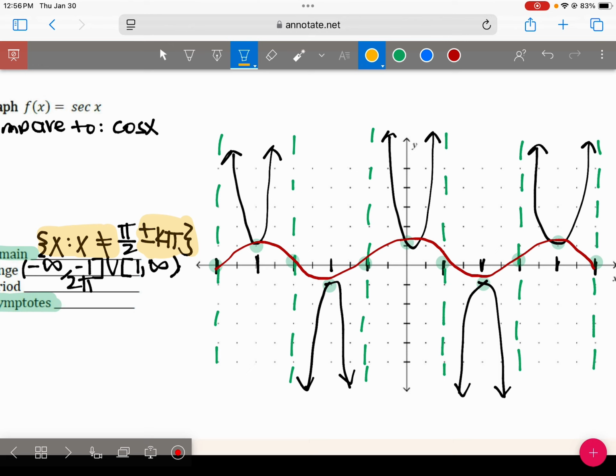So everything else is x such that x doesn't equal pi halves in this case, because that's where this first dotted line is, plus or minus k pi.